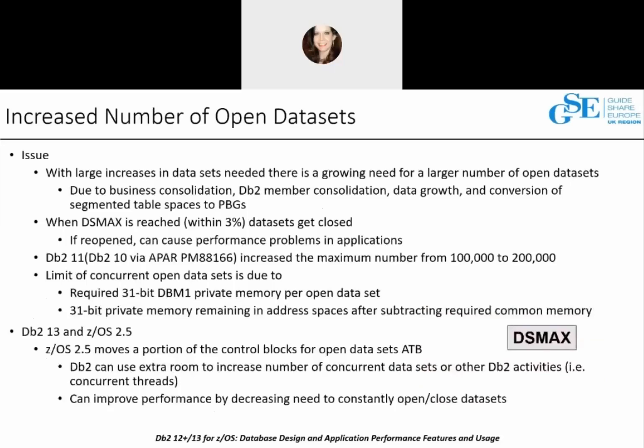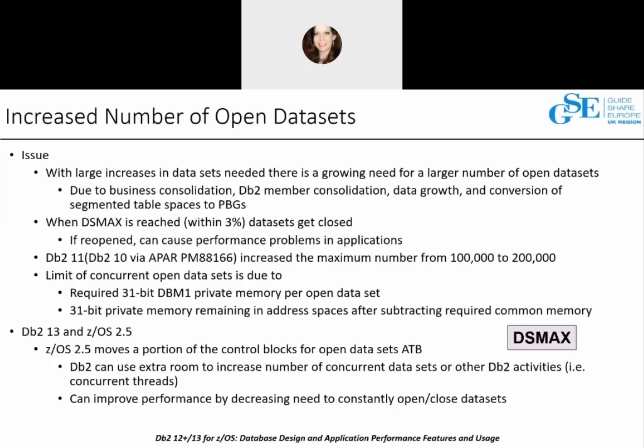Increased number of open data sets. The reason we need more open data sets, of course, is because we're converting to these PBG table spaces, and they're going to require an increasing number of open data sets and partitions. There's a number of reasons why we need more open data sets. We also are reaching limits sometimes where we reach our DS max, things get closed, and then if they're frequently used, they get reopened, and that's causing performance problems.